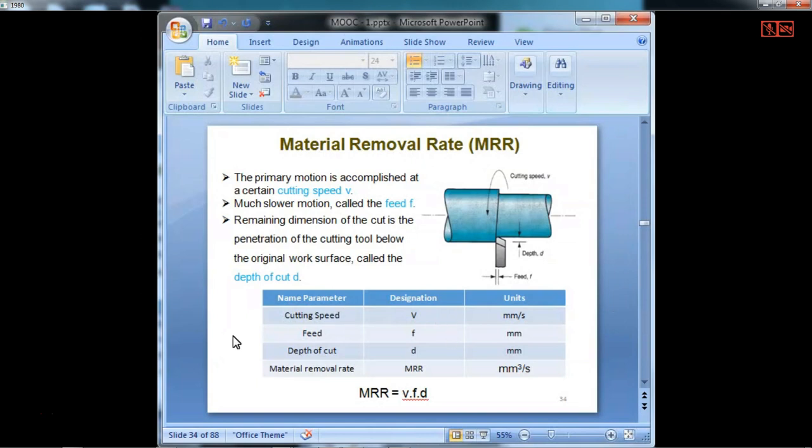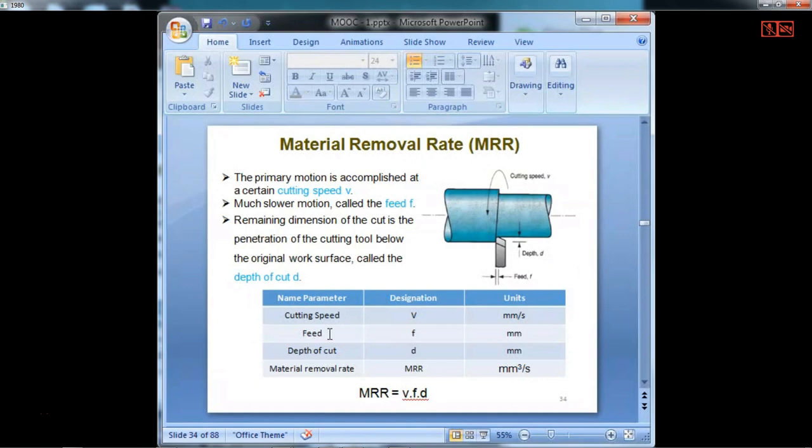So cutting speed, or cutting velocity, is in millimeters per second. Then feed is in millimeters, but it means millimeters per revolution, per one revolution. But if you want to calculate the rate, it will be millimeters per second or millimeters per minute.